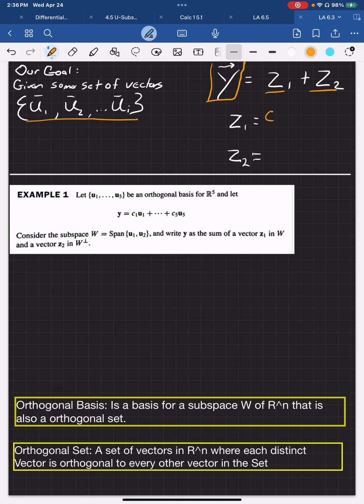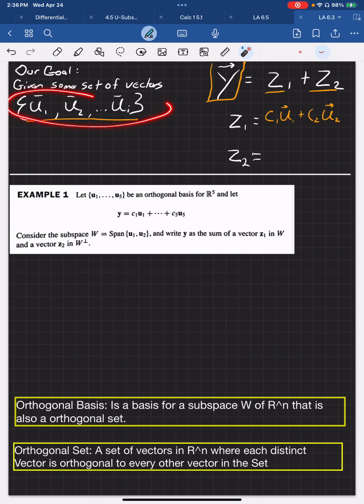Like, I'll just make up something. So we could say c1 u1 plus c2 u2. That's a linear combination. But you would agree that that's not necessarily every vector in set u. So it is a subset. It's a linear combination of just a subset of vectors u.